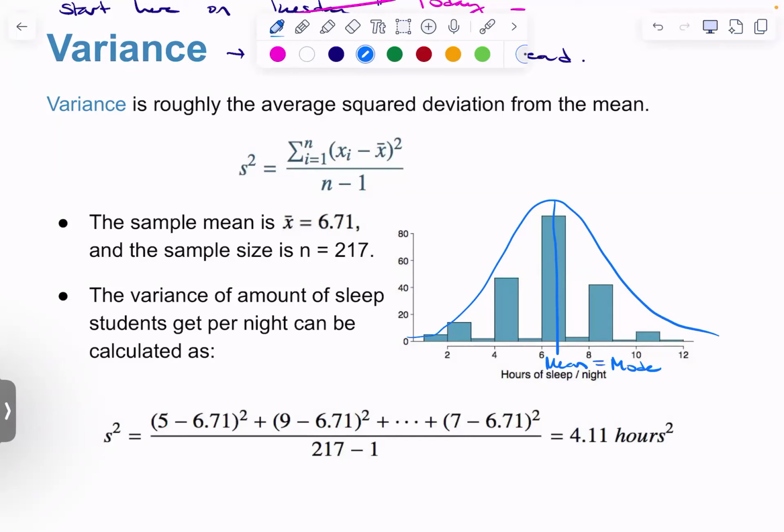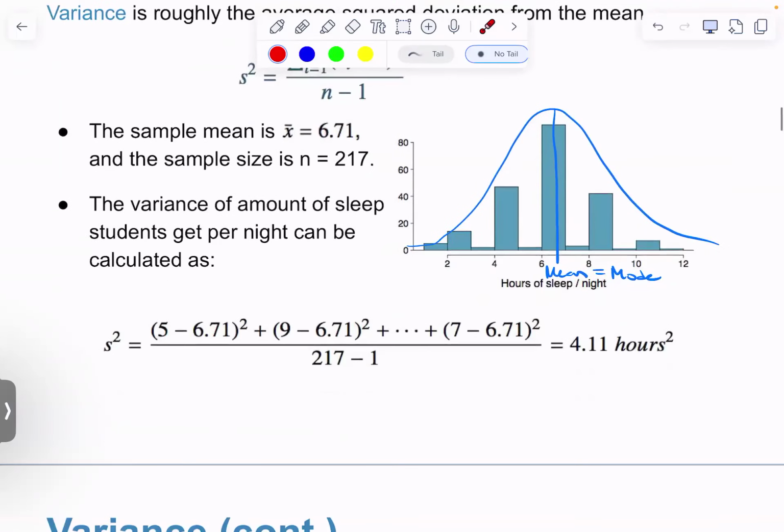So the variance is going to give us a measure of the spread, not just the minimum to the maximum, but a more elegant measure of spread, by taking each observation, how far it is from the mean, squaring it, adding those all up, and dividing by n minus 1.